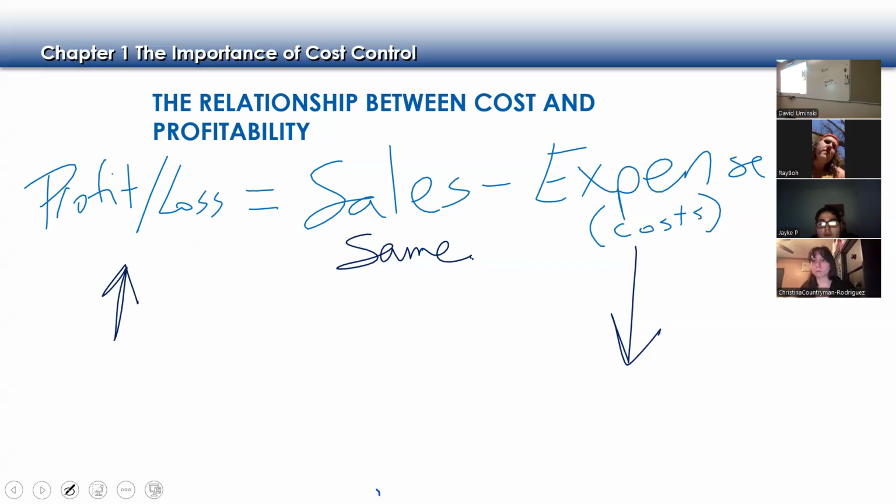On the flip side, if I don't keep my expenses under control, if my expenses go too high, then I might operate at a loss or my profit will be decreased. Questions about the relationship between profitability, expenses and costs?